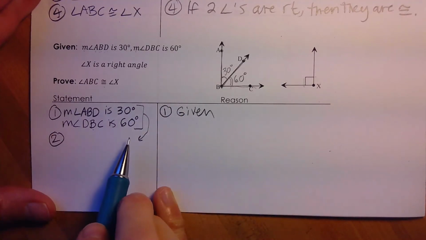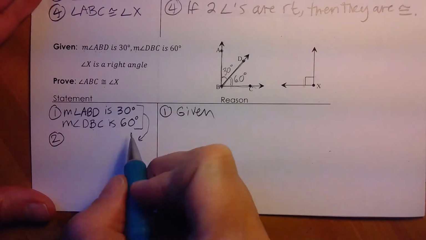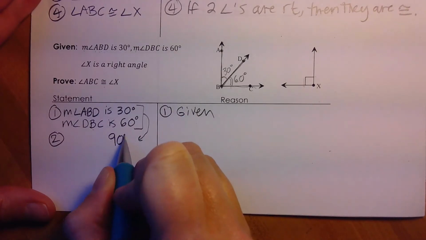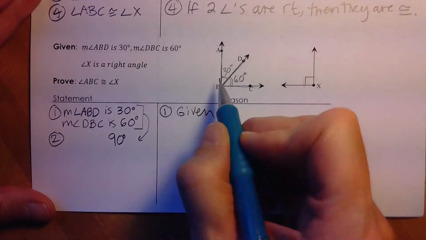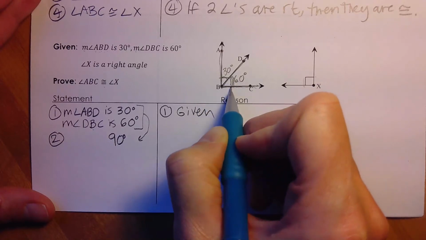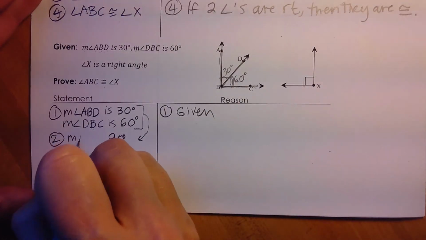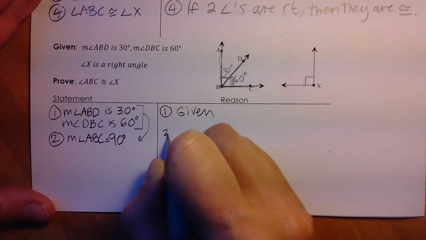All right, so in a two-column proof, you don't have to show any arithmetic. You can just add these together and get that 90-degree angle, right? And then you just have to look at your diagram to name that 90-degree angle. It's the angle ABC, this big angle right here. Measure of angle ABC is 90 degrees.